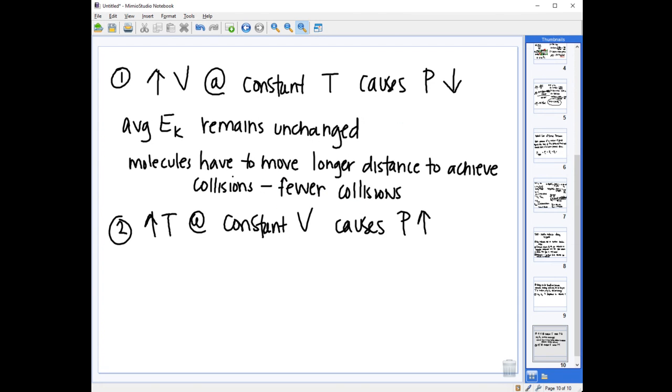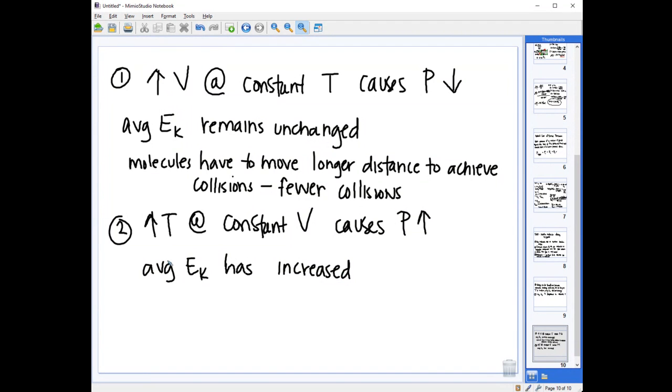Okay? But if we look at the second one here, an increase in temperature at a constant volume causes pressure to increase. This means now that our average kinetic energy has increased because we've increased temperature. So now our gas molecules have more energy.